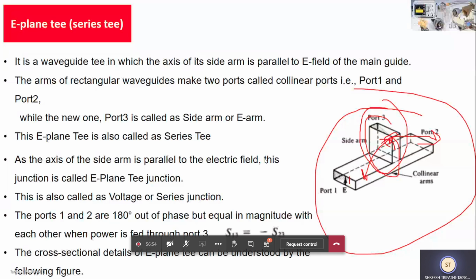And sir, these arrows are only showing the electric field component of the EM wave, right? Yeah. That is why they are perpendicular to the direction from port 1 to port 2, while the wave will be traveling from port 1 to port 2. Obviously. And again, the wave will be taking a termination at port 3 because discontinuity is there.